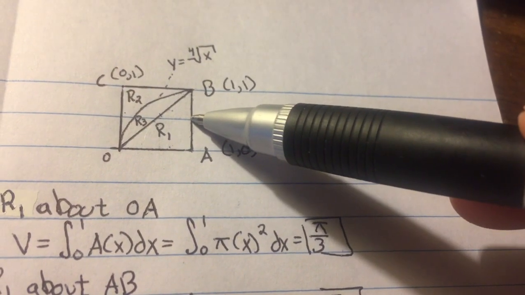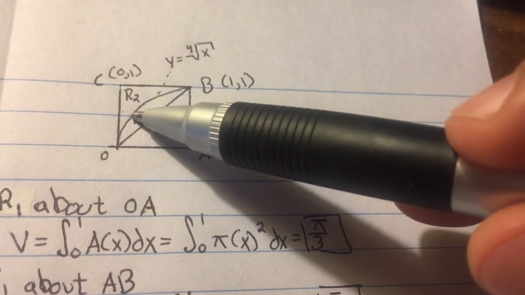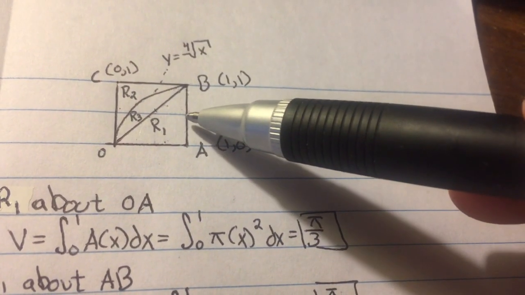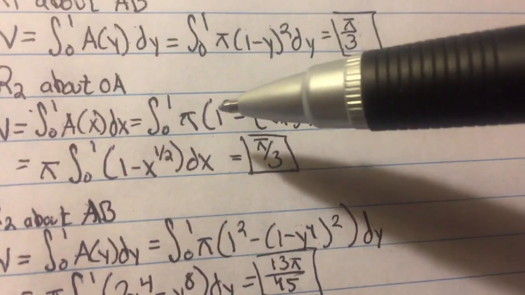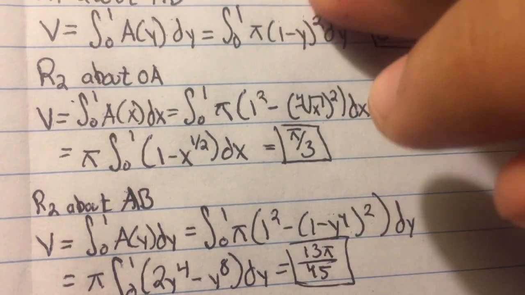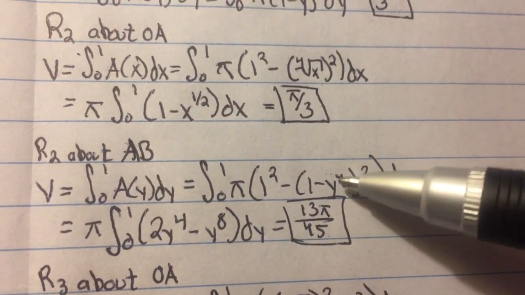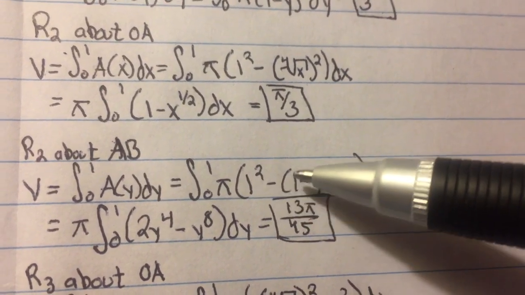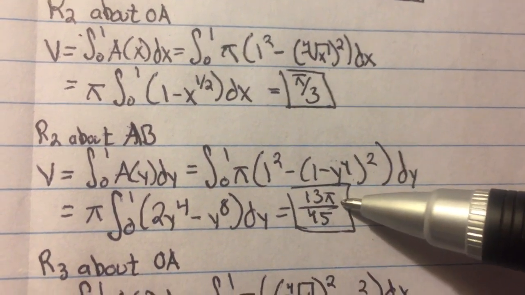Well, we start further to the right and go to the left. So this is 1 minus y to the fourth. So we should have pi 1 squared minus pi 1 minus y to the fourth quantity squared. And that's exactly what we get. Not very difficult to integrate. You just got to make sure to expand this guy. The constants cancel, although they didn't need to. It's just a polynomial that's easy to integrate and evaluate, so no problem.